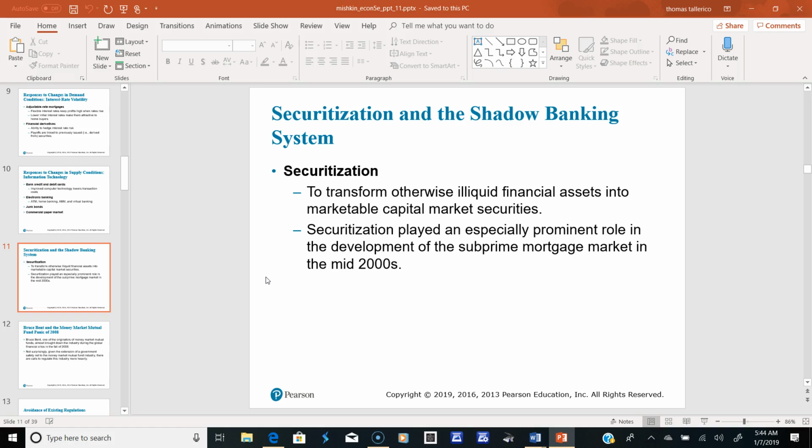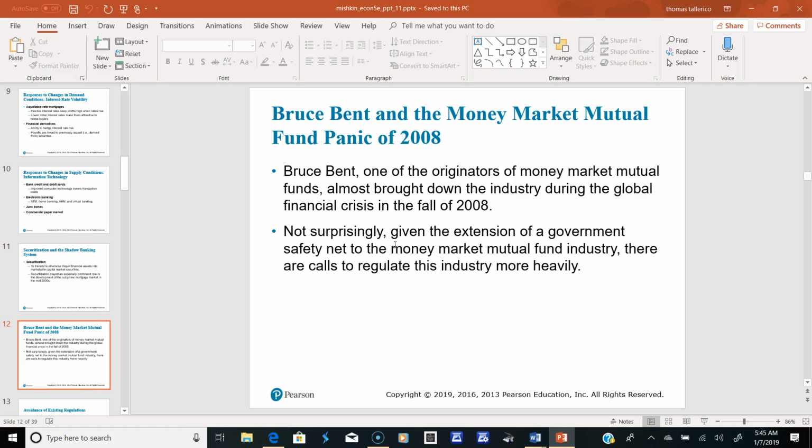Here's where I was talking just now about the mortgages. They securitized subprime mortgages in '08 and turned them into sellable items. They were illiquid and made them quite liquid, or people thought they did, and they rated them AAA, and they weren't. But securitization was the big thing in the 2000s.